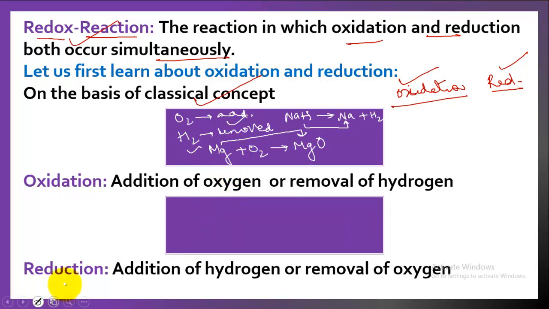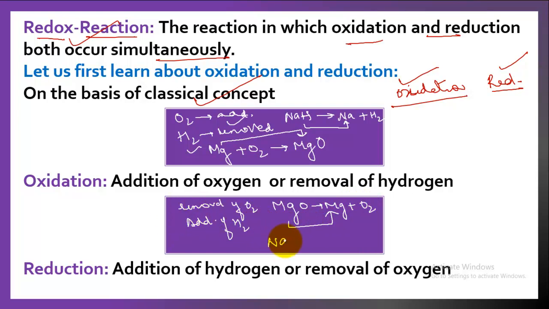Now let's take up reduction. Reduction is the removal of oxygen, or we can say the addition of hydrogen. Let's take an example. If I have MgO and it is split into Mg and O2, as you can see, O is being removed, so that means it is reduction.